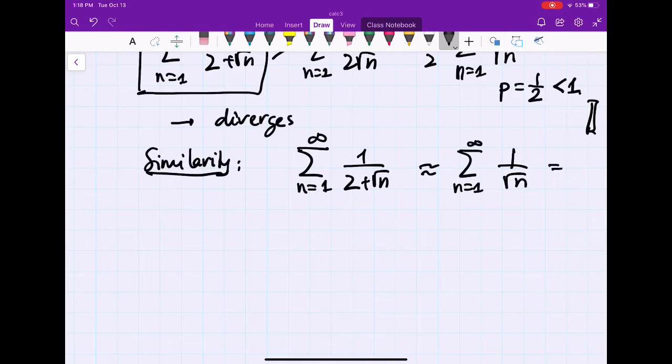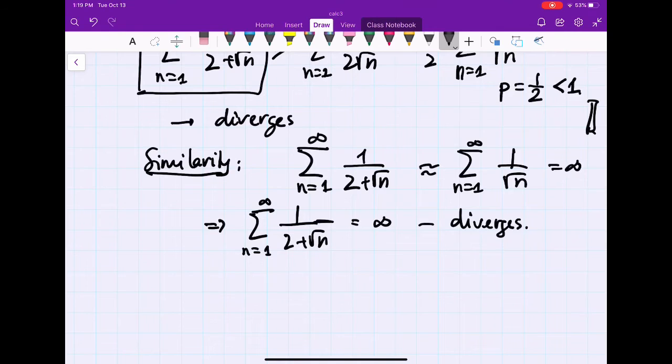So this is equal to infinity. From here, the series 1 over 2 plus square root of n is also infinity. Done. So you see, sometimes if you understand the idea of similarity, you can work it out very well. Okay?